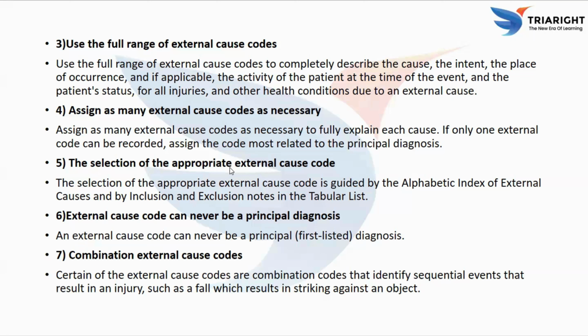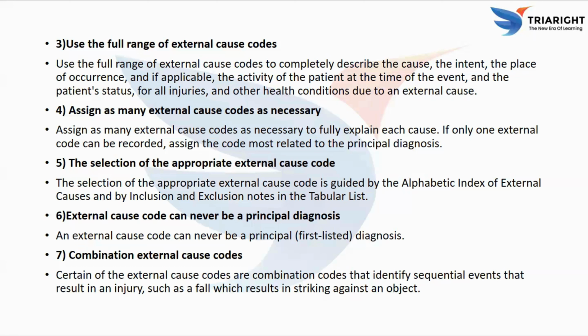Coming to the fourth guideline, assign as many external cause codes as necessary. So use multiple external cause codes if needed to fully explain the event. So you may report more than one external cause code. Do not overcode without the documentation, because if only one external cause code is allowed, choose the one which is most directly related to the principal diagnosis.